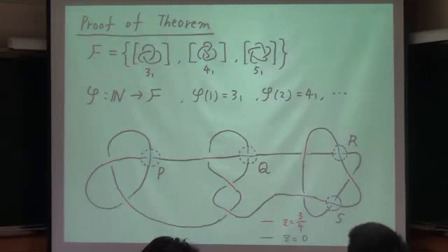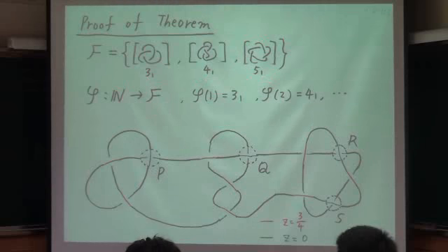Let F be a finite set of knot types: the toroid, the figure eight, and the 2,5 torus knot, which in the knot table is 5_1. So 3_1, 4_1, 5_1. And we have some infinite sequence of these three knots. Here, the first one is toroid, the second one is figure eight, and something follows.